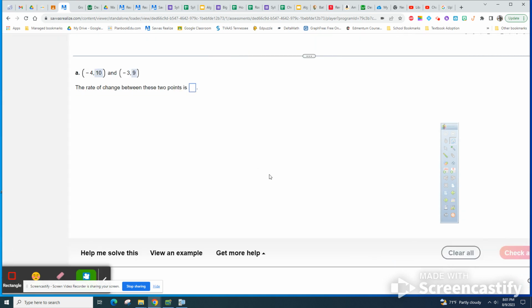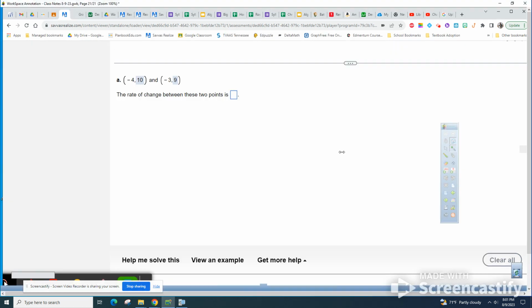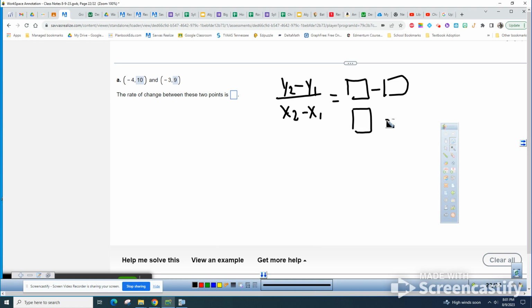All right, next question. It says the rate of change between these 2 points is, okay, that's going to be y2 minus y1 over x2 minus x1. I like to do it like this, put little boxes and then put my numbers in. So we'll call this x1 and y1.